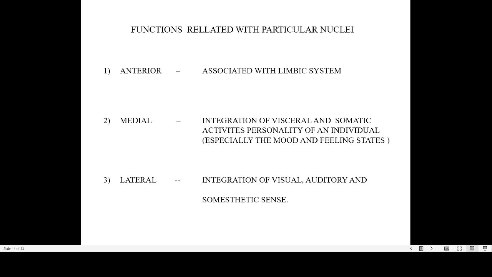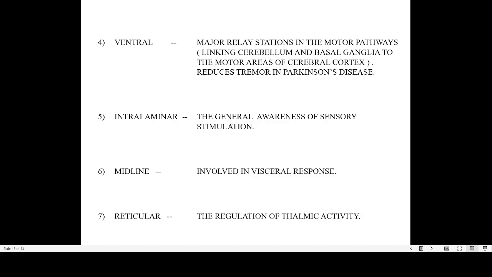The anterior nucleus region is associated with the limbic system, and the medial part is integration of visceral and somatic activities, personality of an individual, especially mood and feeling status. Then the lateral part is integration of visual, auditory and somatic senses.